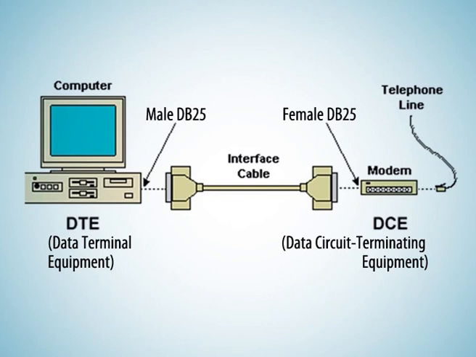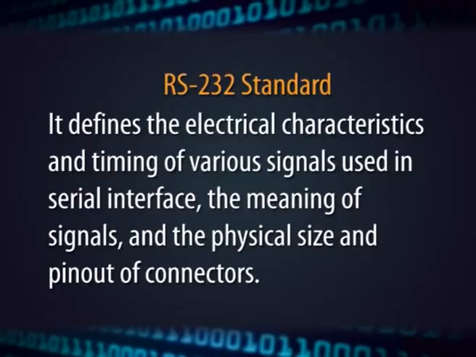circuit terminating equipment, originally defined as data communication equipment such as a modem. The RS-232 standard is commonly used in computer serial ports for asynchronous serial interface. The standard defines the electrical characteristics and timing of various signals used in serial interface, the meaning of signals and the physical size and pinout of connectors.